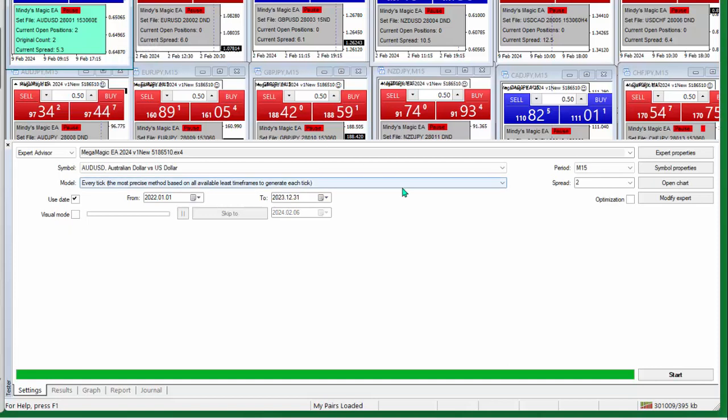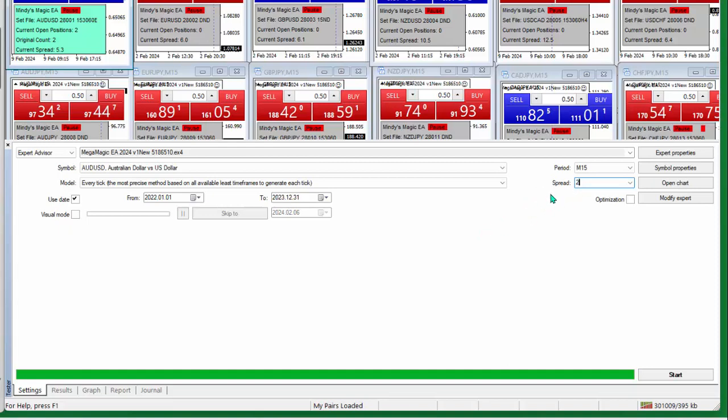So what we're going to do to be reasonable about the strategy test is pretend that the spread is 2 pips wide. Now, 2 pips wide would actually be a pretty wide spread for this pair.